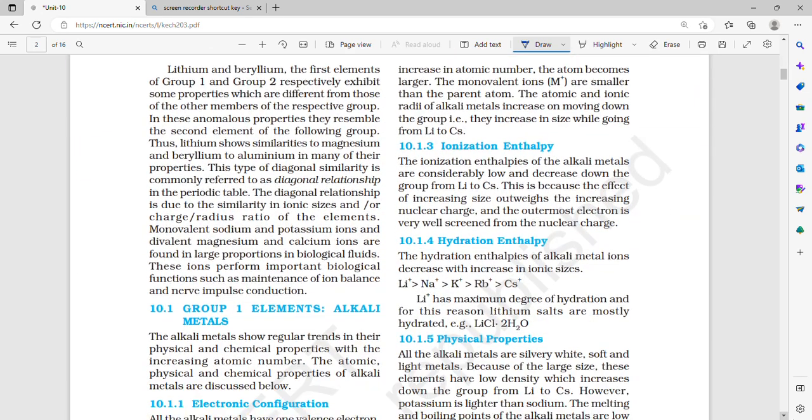Lithium and beryllium, the first elements of group 1 and group 2 respectively, exhibit some properties which are different from those of the other members of the respective group. Why is group 1 called alkali metals?